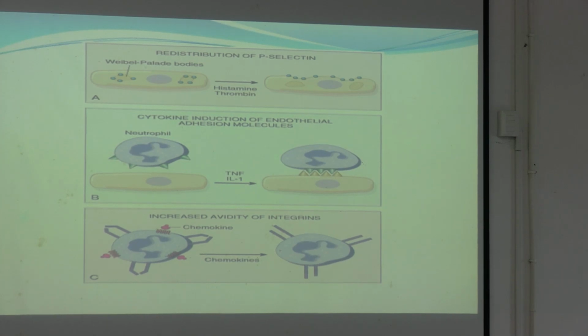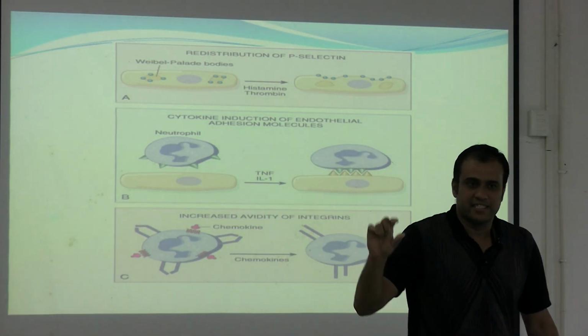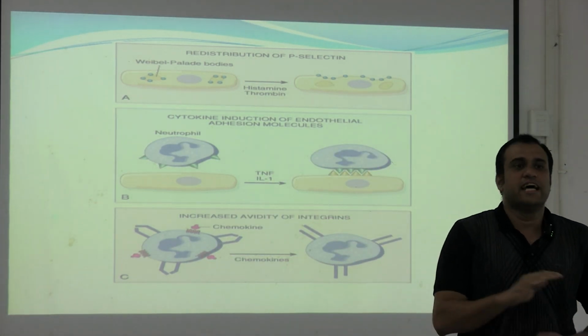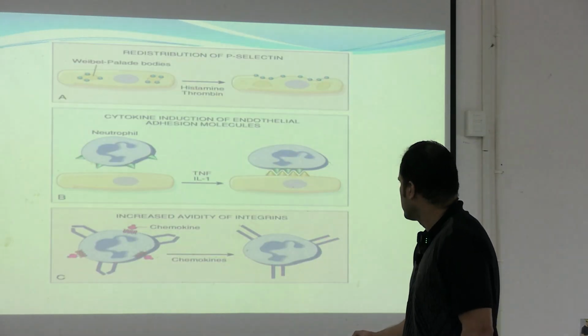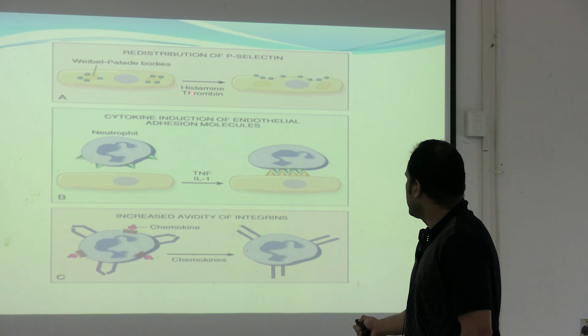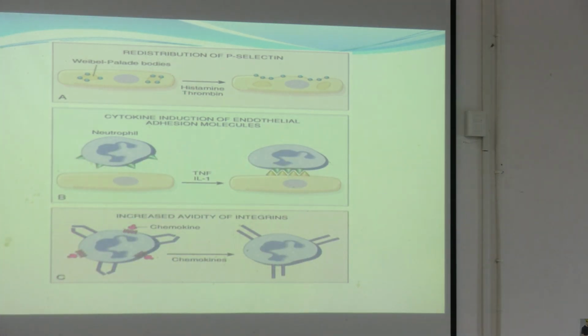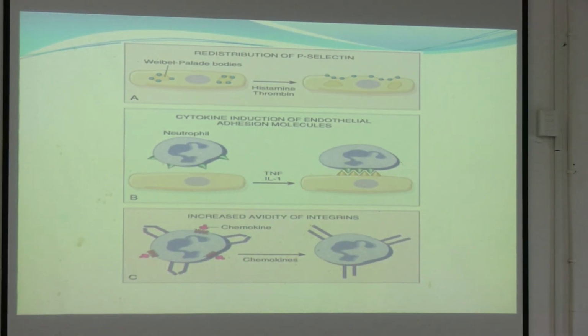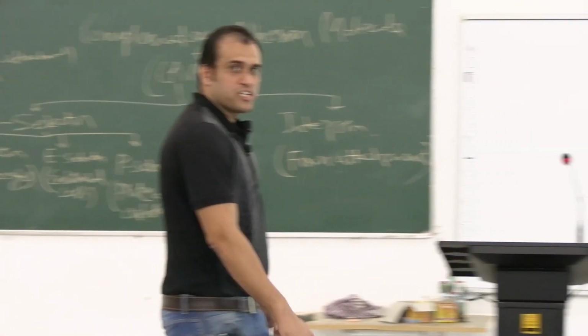These are known as Weibel-Palade bodies. Whenever there is histamine or thrombin, which are mediators that activate the endothelial cells, it means there has been some kind of inflammation and the endothelial cells have been activated. Then the Weibel-Palade bodies, or the P-selectins located inside the endothelium, move up and express themselves on the surface.